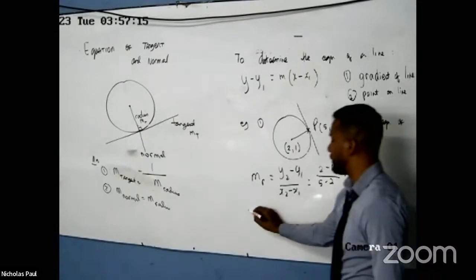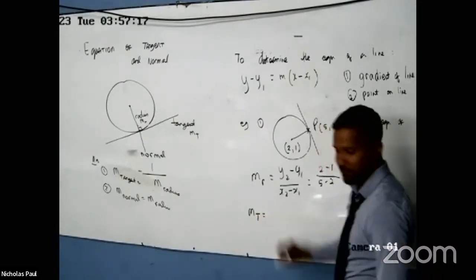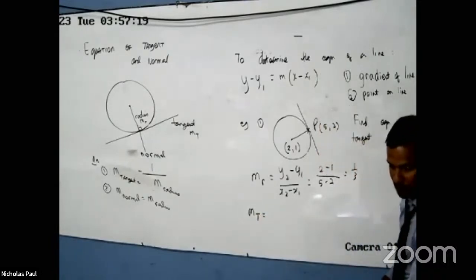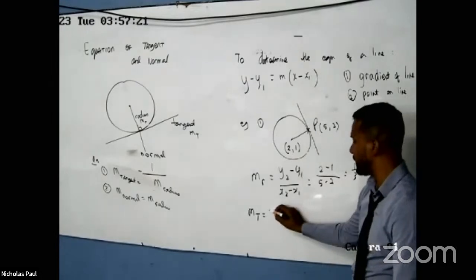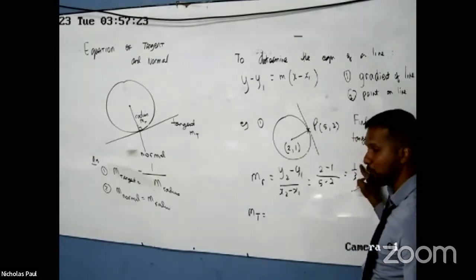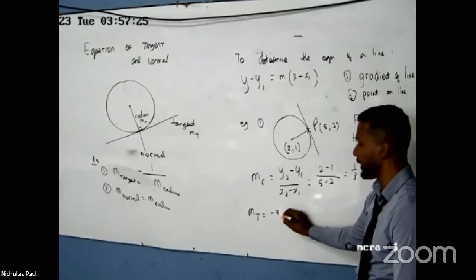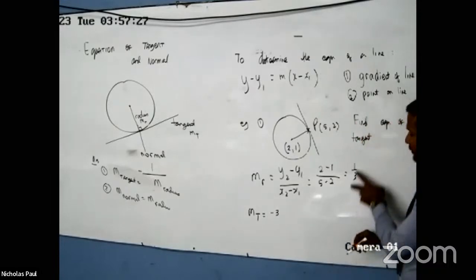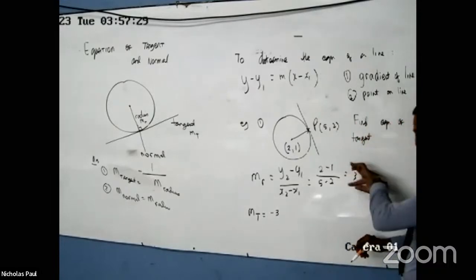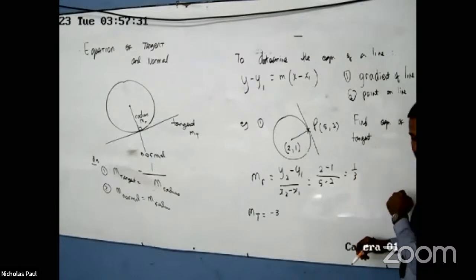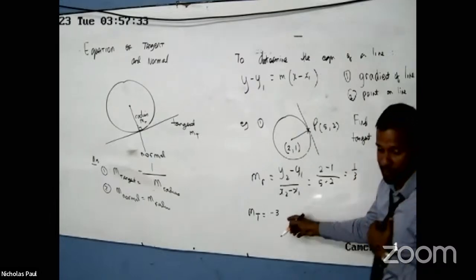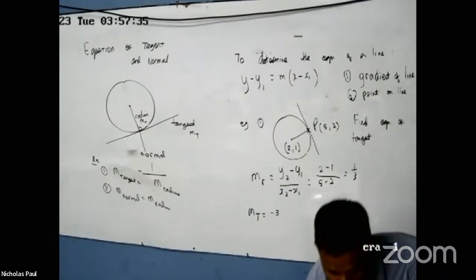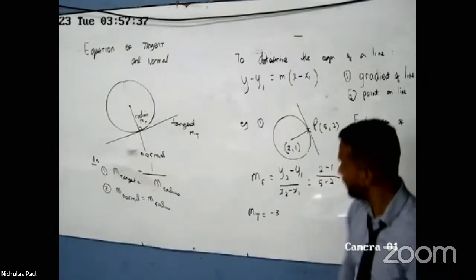So the gradient of the tangent is flip the value over and change the sign. Negative reciprocal means you flip the value over and change the sign. So the gradient of the tangent is minus 3.